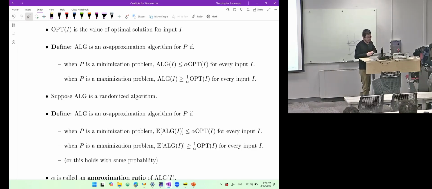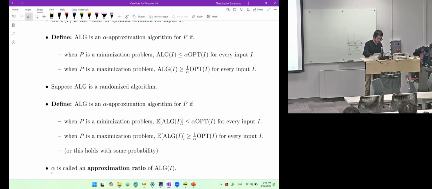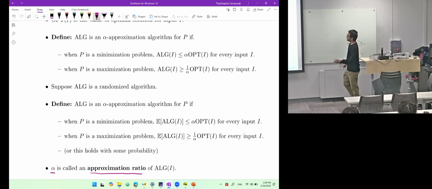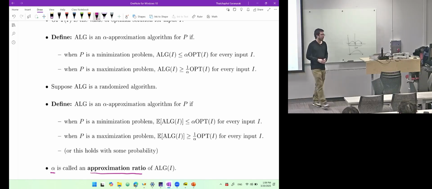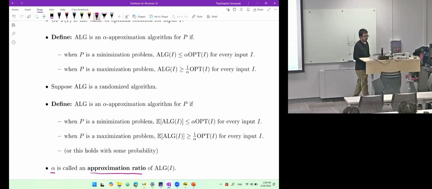And this alpha is what we call the approximation ratio of the algorithm. If alpha is 1, then it's exact, just as good as the optimal one. If alpha is close to 1, then this is what we want. It can be 2, it can be 10, it can be log n, it can grow with n too.